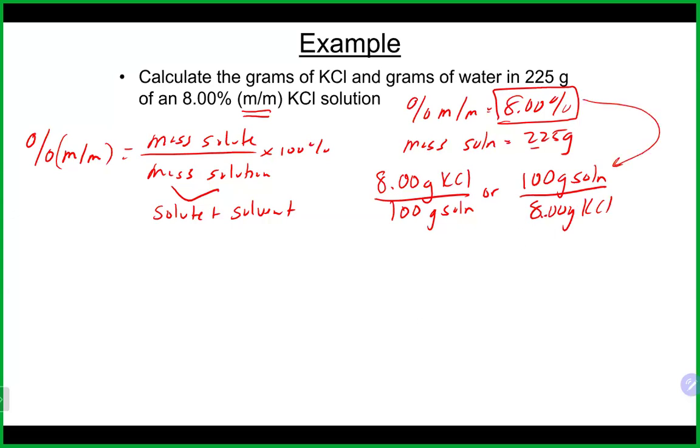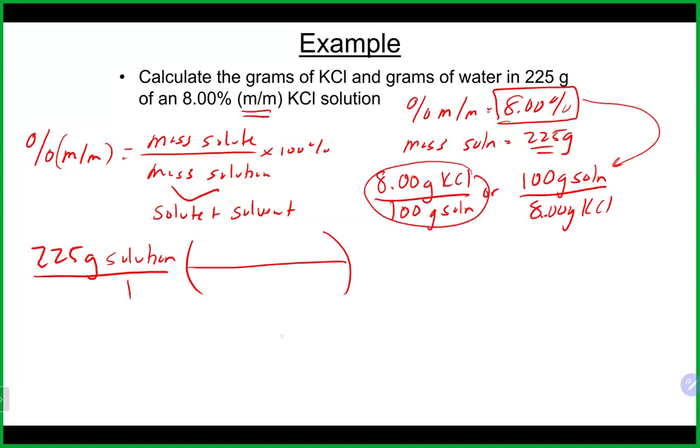So I'm going to go 225 grams of our solution. Again, just doing dimensional analysis, I don't have to worry about formulas. I want grams of solution on the bottom, so that's going to be this one here, which gives me 8 grams of KCl and 100 grams of solution.